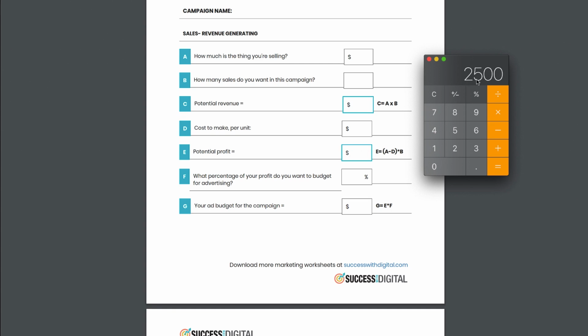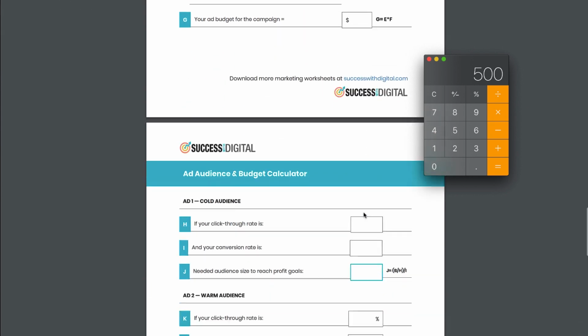So here we had calculated that out at $2,500. Then we're going to want to multiply that by the percentage that you're willing to invest in your budget. So if we had said 20%, when we do that, then we look here and it's $500. So that's what the ad budget would be for that particular campaign.